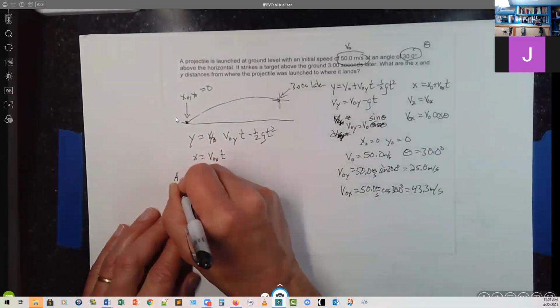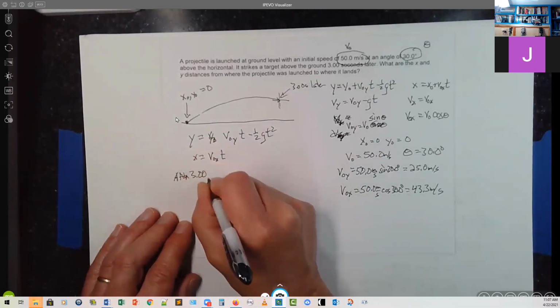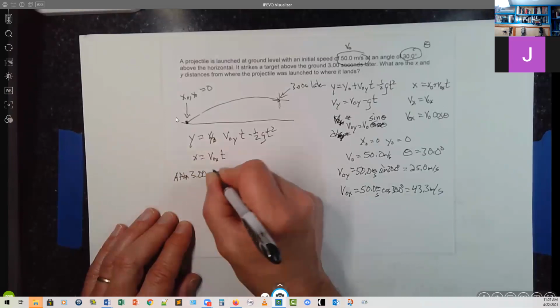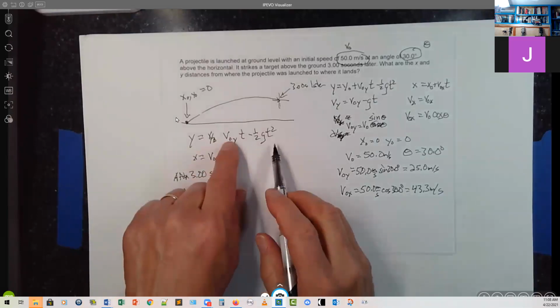After 3.00 seconds, y will equal, well, I'm going to put in the numbers now.